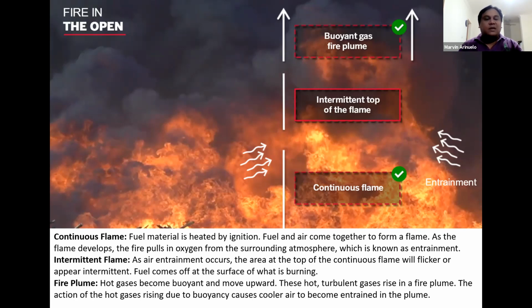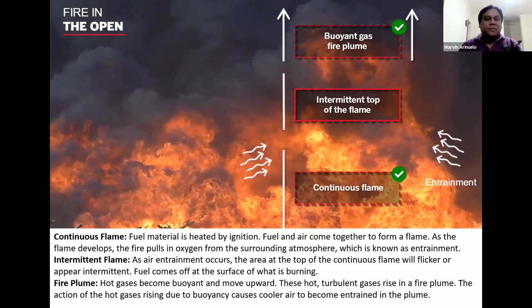If you see here, guys, I don't know why the video is not working. So if you see, the fuel material is heated, okay, and air in the form of entrainment supports the continuous flame.